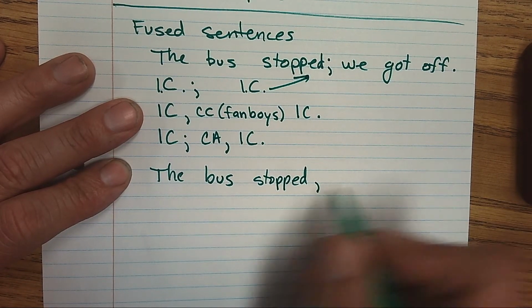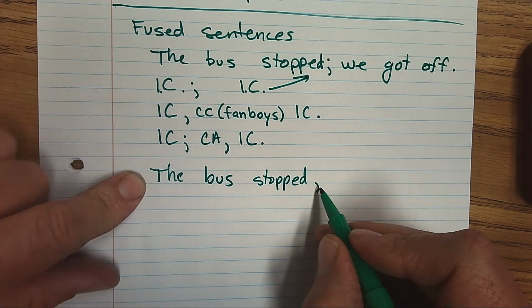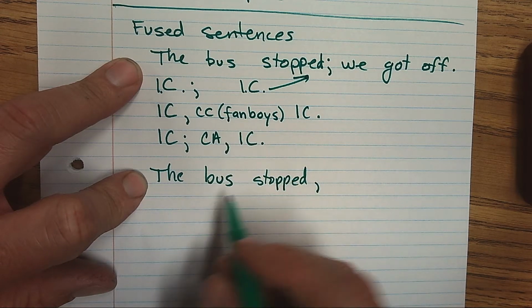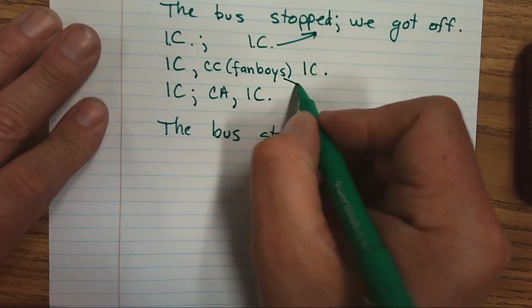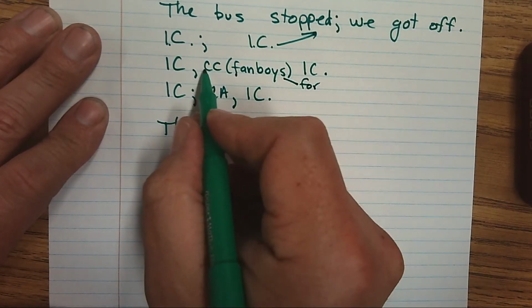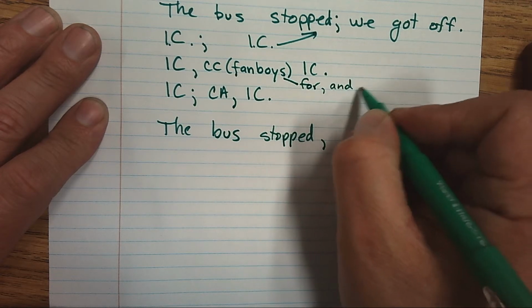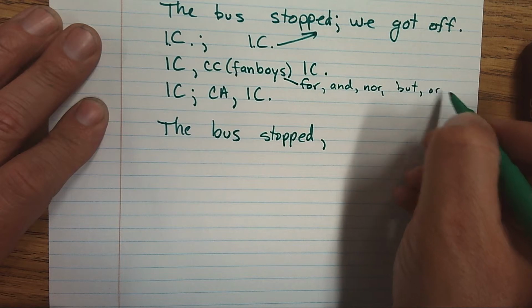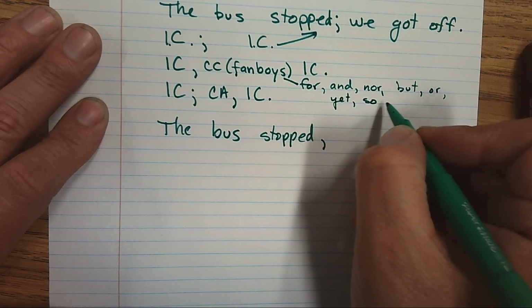Let's see, I'm gonna think about this for a moment. Now the fanboys are for, and, nor, but, or, yet, and so. Those are the coordinating conjunctions: for, and, nor, but, or, yet, and so.